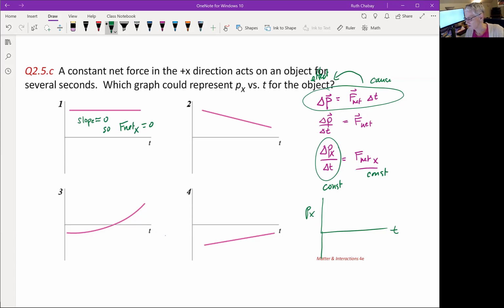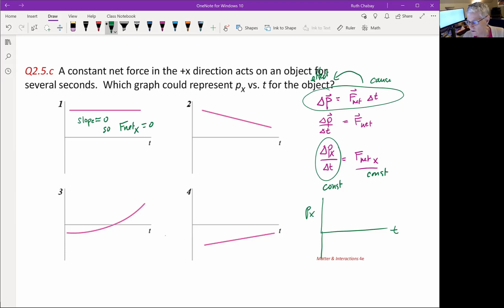Yes, Seth, that's right. It's change in momentum over time change, and that is the slope of the graph, right? So let's think about what these other graphs would tell us about the net force in the x direction, the x component of the net force acting on these things.